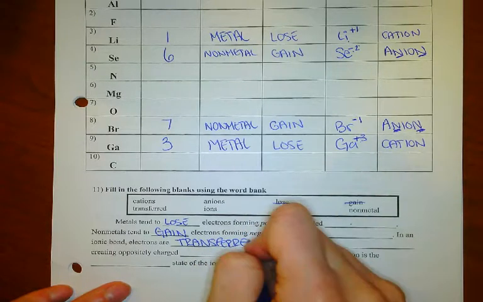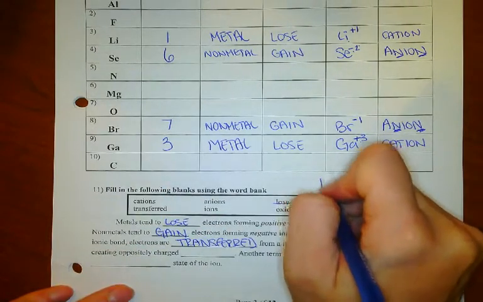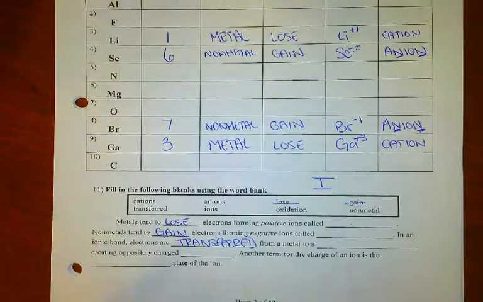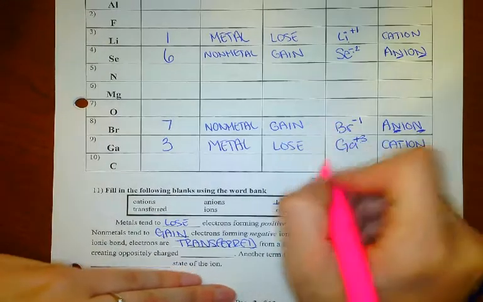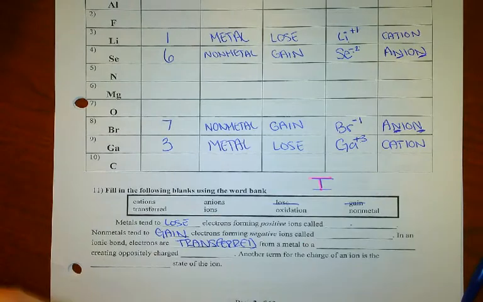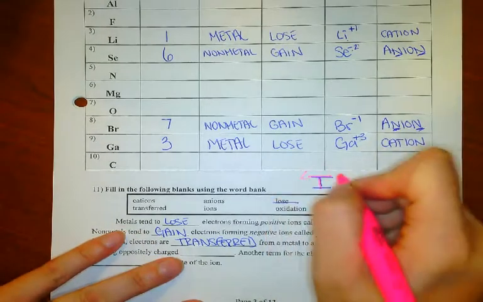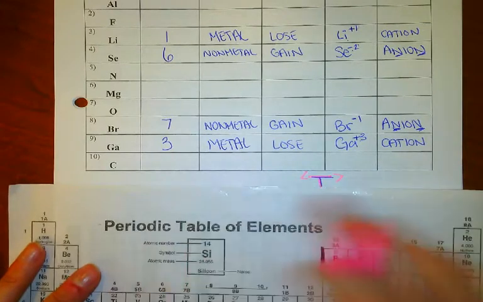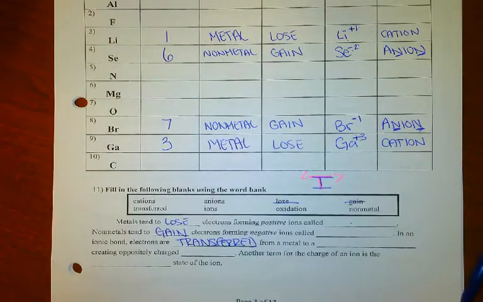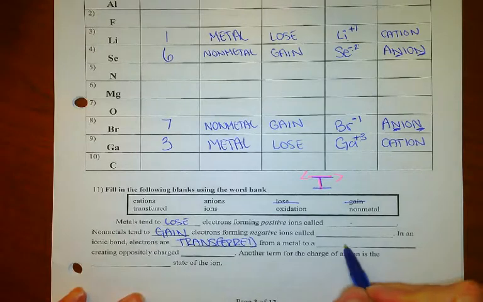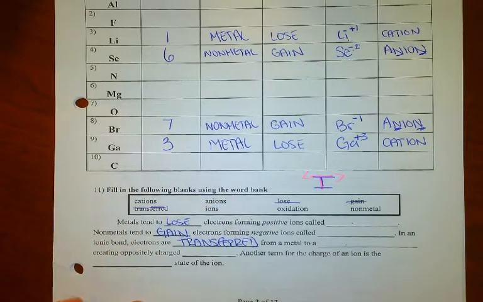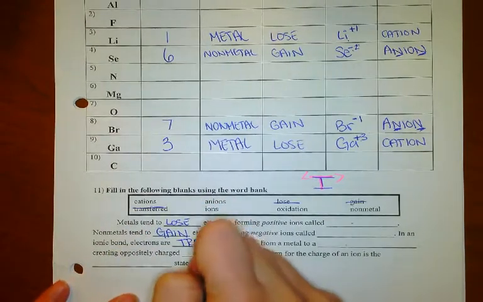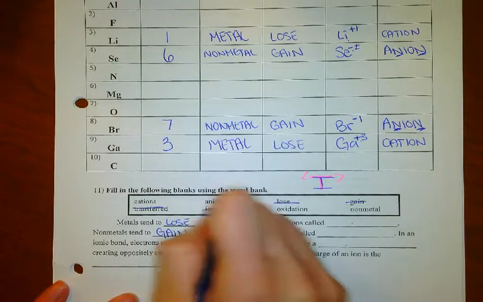I like to say in an ionic bond, electrons are transferred from a metal to a nonmetal. So from something on this side of the periodic table to something on this side, creating oppositely charged ions.